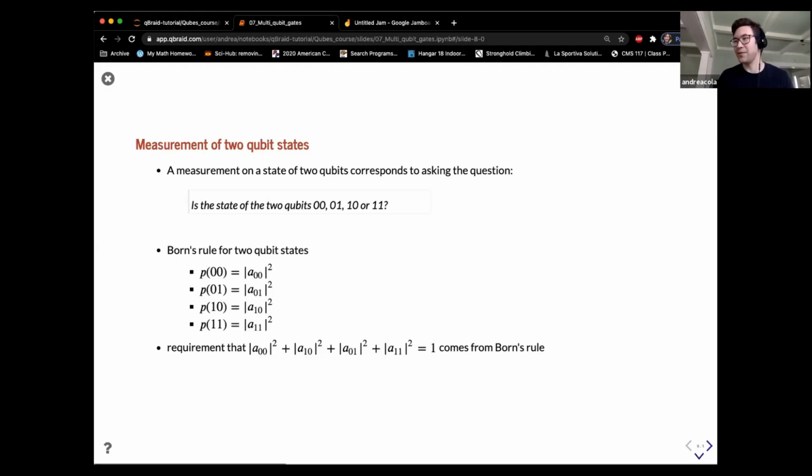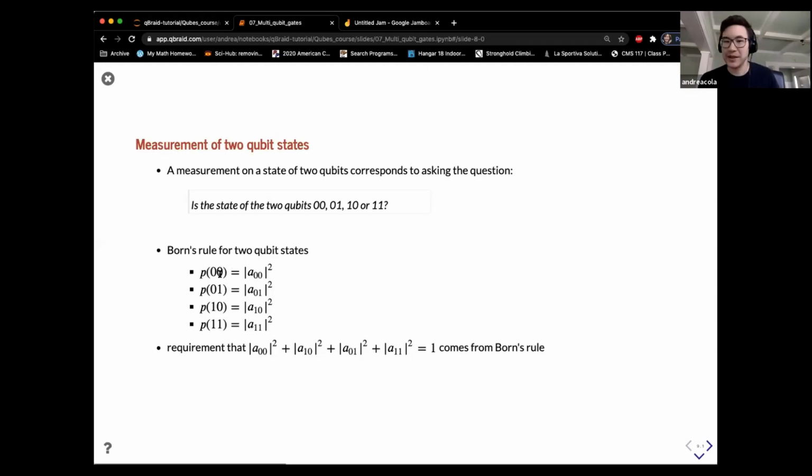Okay, measurement of two qubit states. A measurement on a state of two qubits corresponds to asking the following question: is the state of the two qubits 0, 0, 0, 1, 1, 0, or 1, 1? These are the classical bit strings in some sense, the classical states. So Born's rule for two qubit states is very similar to the case of single qubit states.